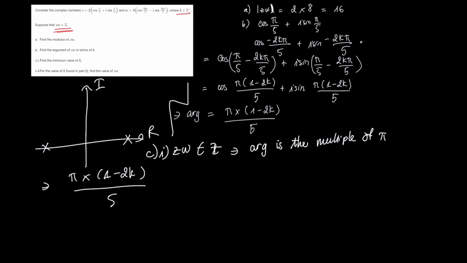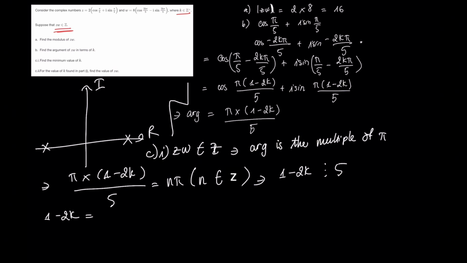Pi times (1 minus 2k) over 5 is a multiple of pi, so equal, let's say, n pi. And here n has to be a natural number as well. So 1 minus 2k has to be divisible by 5, given the condition we have stated earlier.